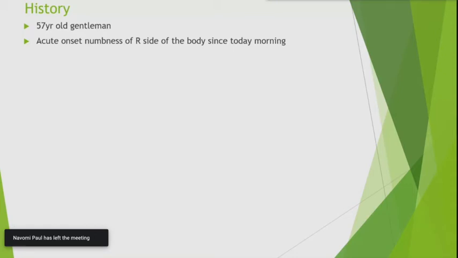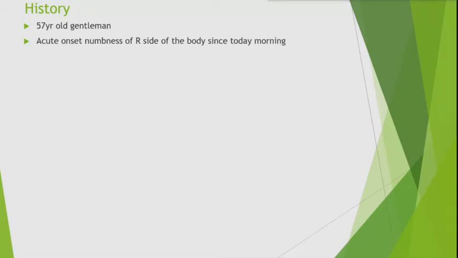So, a 57-year-old gentleman with acute onset of numbness of the right side of the body since this morning. Since it is numbness of the right side, the differential diagnosis includes stroke, transient ischemic attack, and maybe peripheral neuropathy.